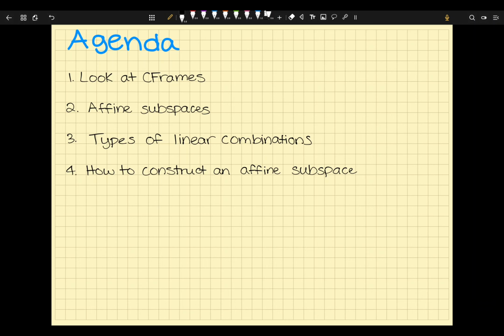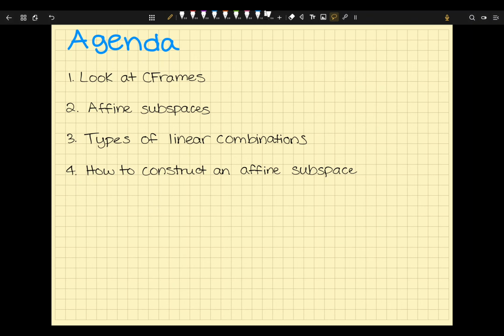So the first thing we're going to do is actually look at C-frames before we get into affine subspaces, and then we'll talk about different types of linear combinations, an affine combination being one of them. And then we'll talk about how to construct an affine subspace. I don't think we're going to say too many new things today, but we're certainly going to look at more pictures, and hopefully that'll clarify some things from Monday.